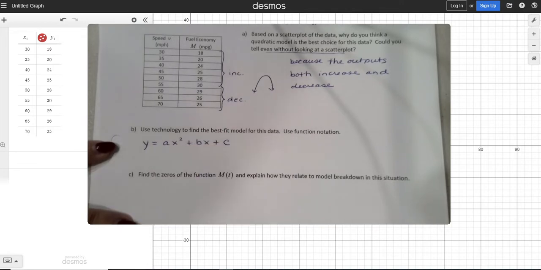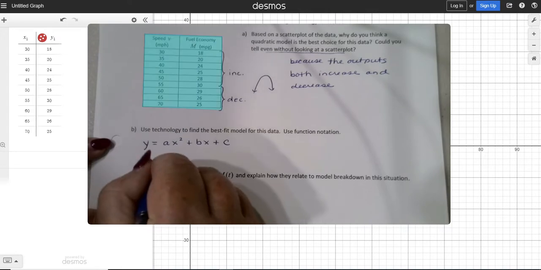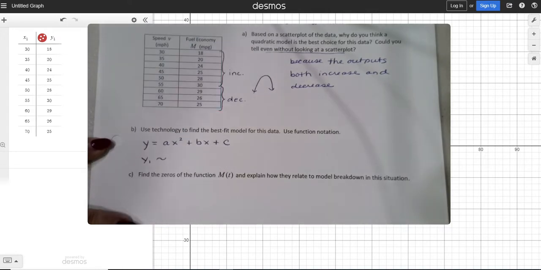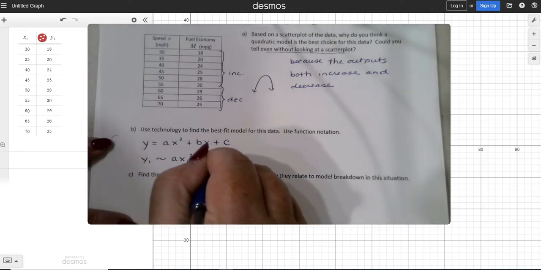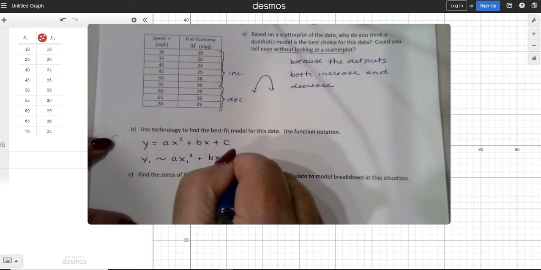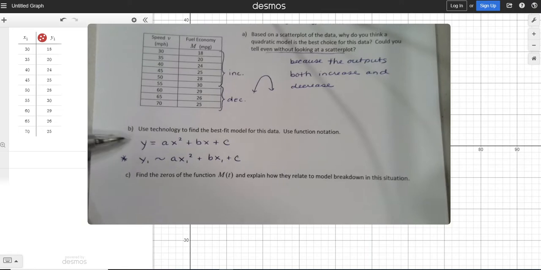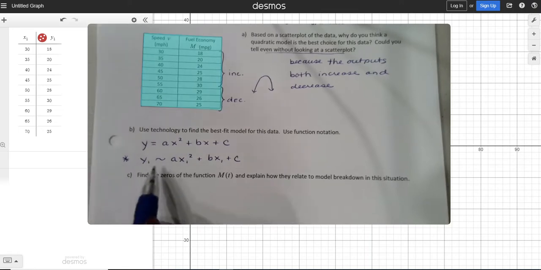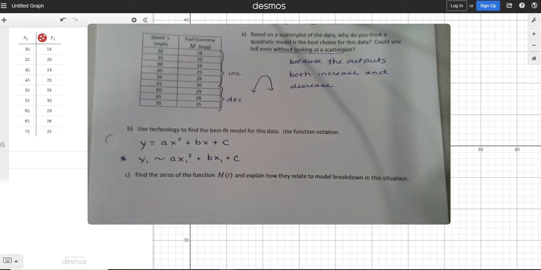So if I put that in Desmos notation, it'll have to be y1, and we always use the tilde to do regression when we want it to give us an equation. And then it'll have to be ax1 squared plus bx1 plus c. So think about what the equation should look like, and then just translate it into Desmos notation, and Desmos hopefully will give me the a, b, and c that I need. Let's try it out.